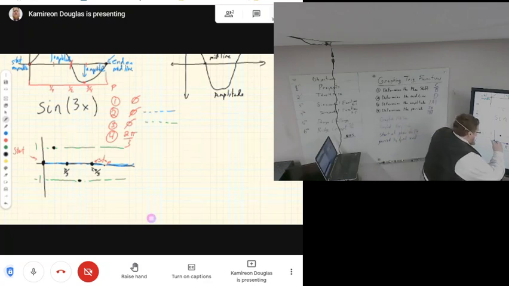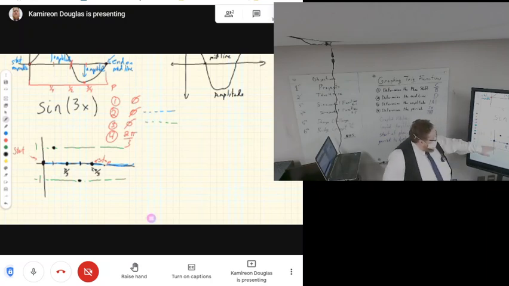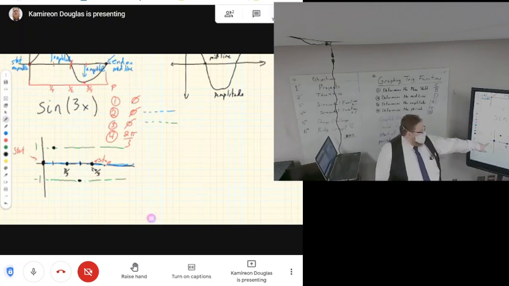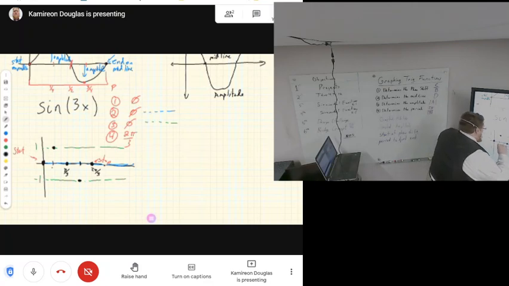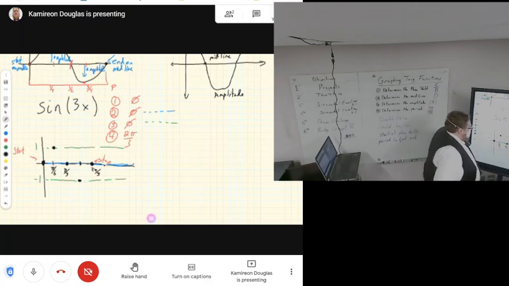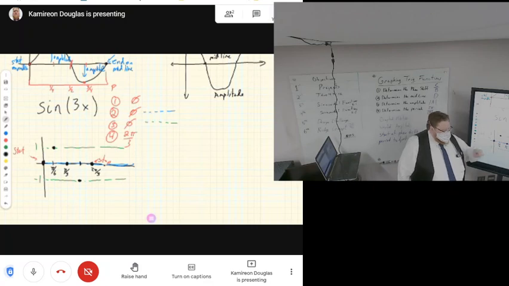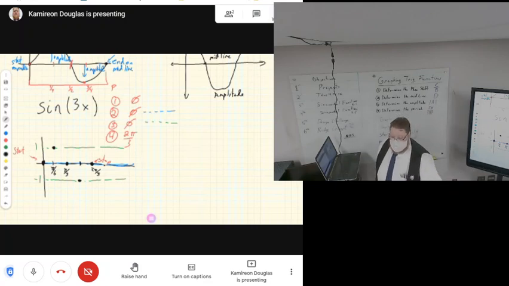Do we need to label them? We will. We need to know where these 2 points are. So, to find this first one, I need the halfway point between 0 and pi over 3. Pi over 6 is correct. What you can do is just cut this number in half. Pi over 3 becomes pi over 6.